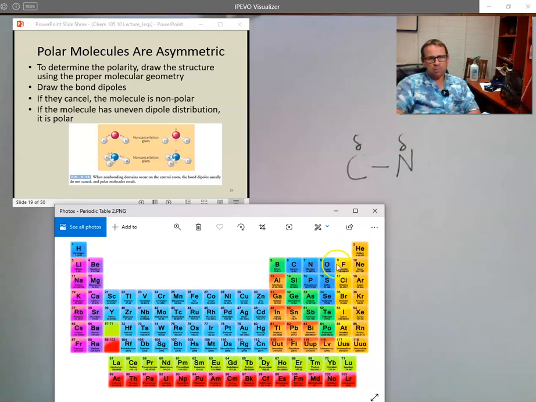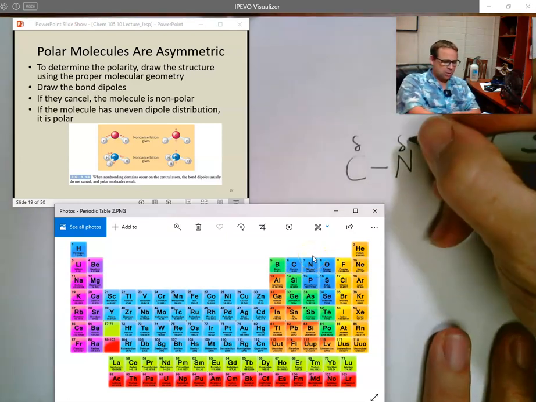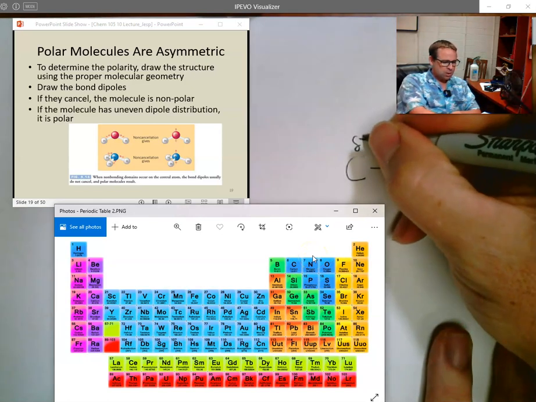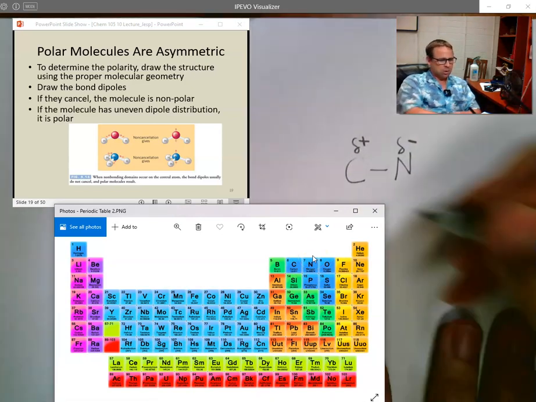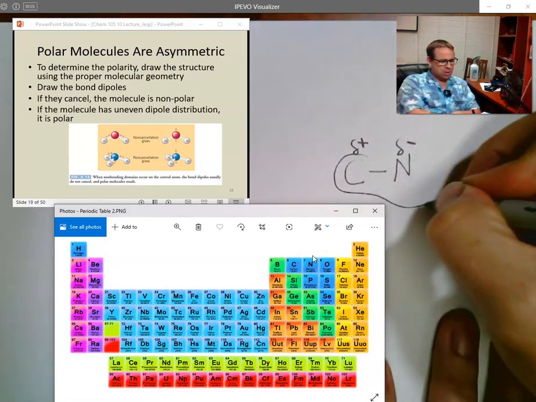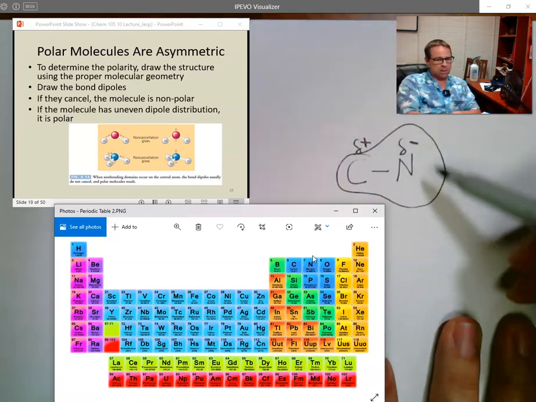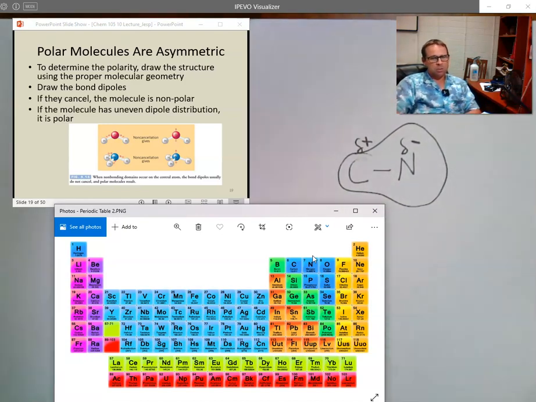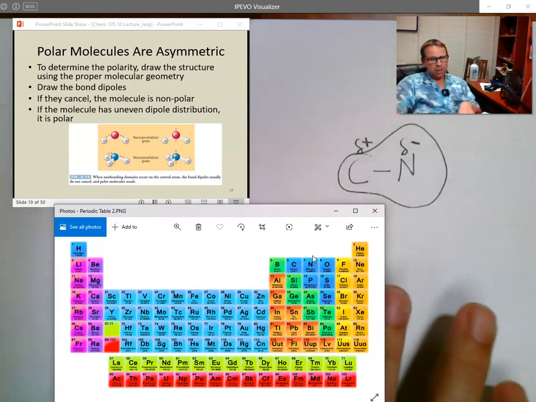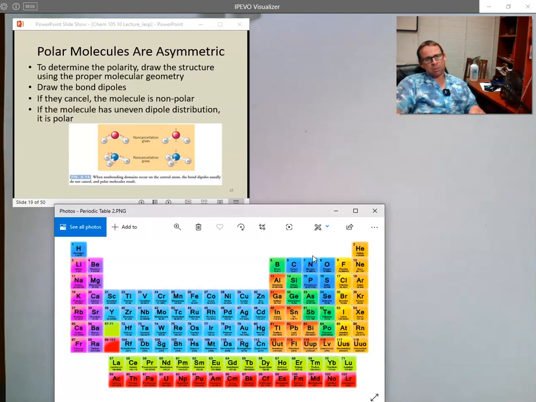So fluorine is the most electronegative atom. So nitrogen and carbon, when we're comparing those, nitrogen is more electronegative. So this is going to be a slight negative charge, and this is going to be a slight positive charge. So if I were to sketch the electron density, it would look something like that, with more electron density residing around the nitrogen. That's what polarity means when we're talking about bonds.